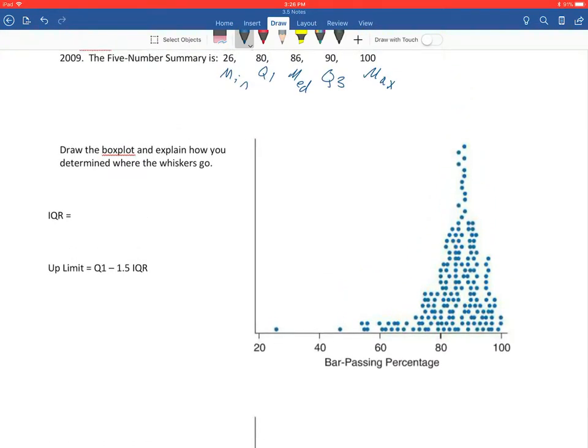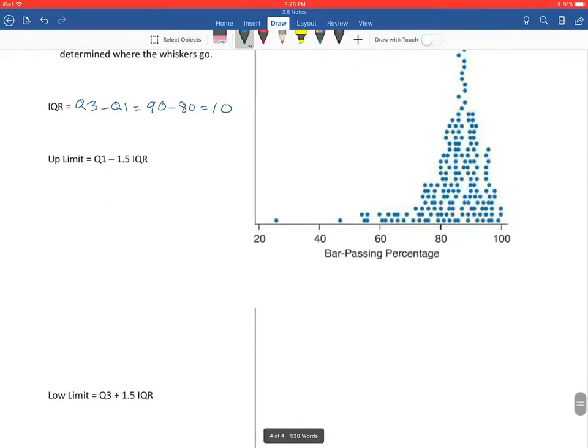Okay, so first thing we want to do is calculate the IQR. IQR is, again, Q3 minus Q1. So that's 90 minus 80, which is 10 in this case. I switched these around on us. So this is actually the lower limit, and this is actually the upper limit.